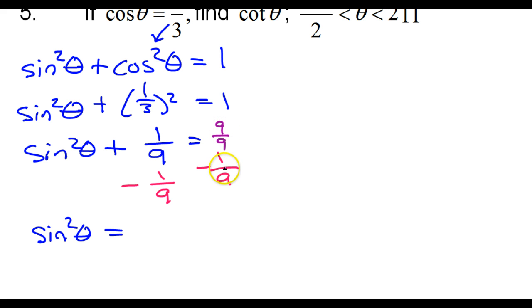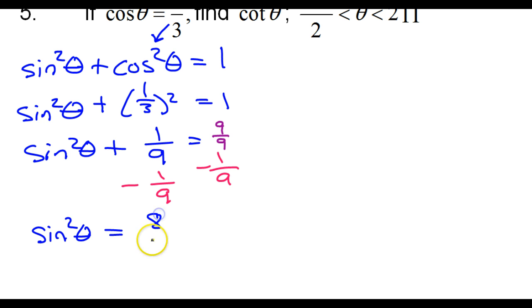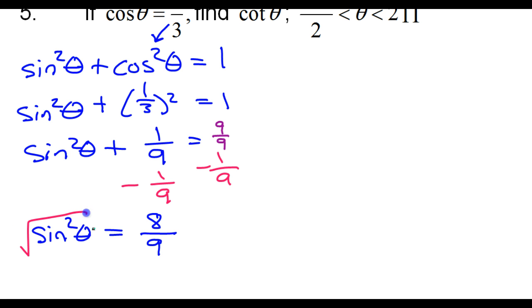So 9/9 minus 1/9 is 8/9. And then we will take the square root of both sides. Don't forget your plus or minus for now.